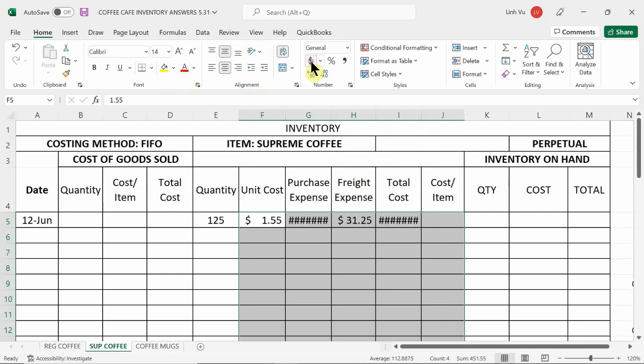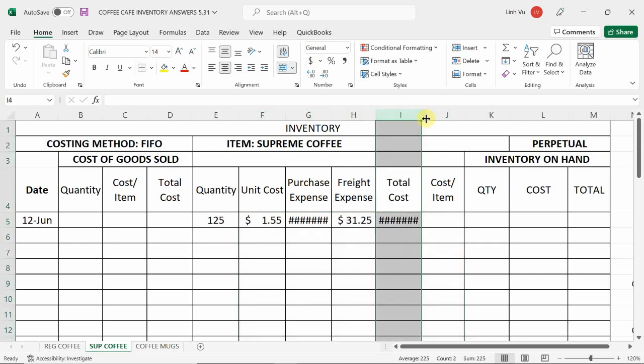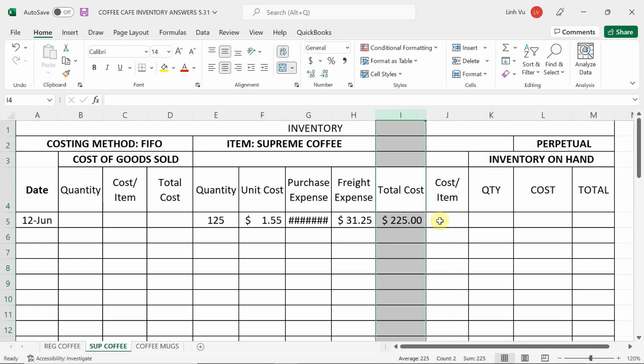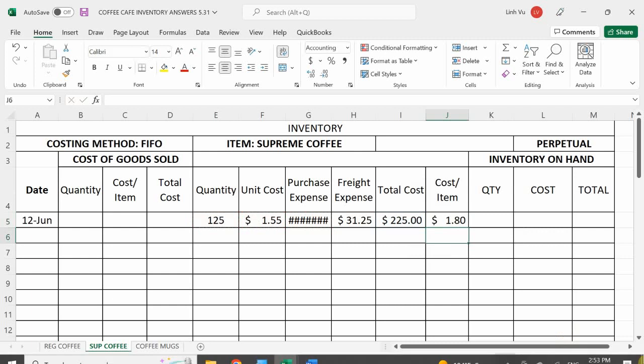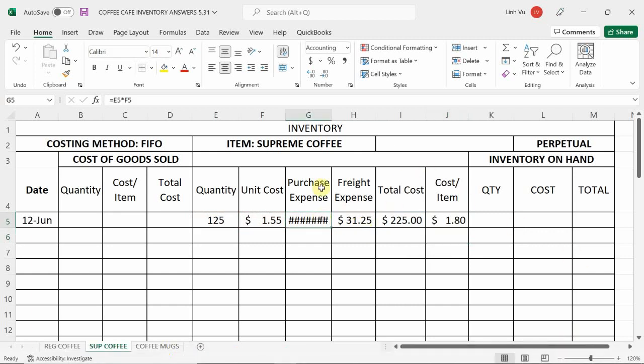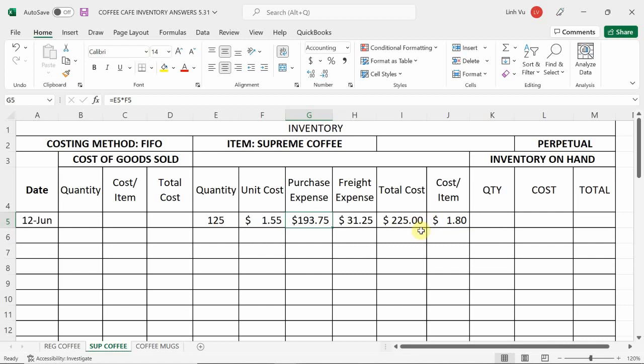So in this case, 180. It's going to cost me $1.80. Okay? And because we're going to carry it into our inventory worksheet, right, it's going to be 125 at $1.80.